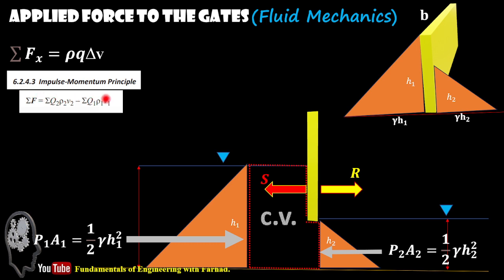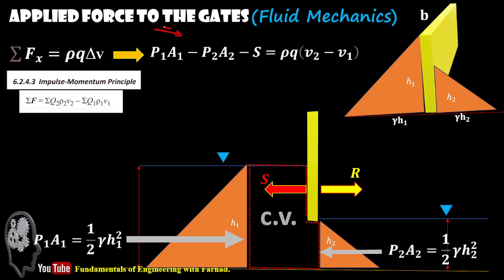That's the impulse momentum principle, like summation of forces is equal to rho Q delta V, because rho remains the same in your fluid. And then if you expand it, it just says summation of forces. We already know our forces is P1A1 for our control volume minus P2A2. This is our positive direction. So positive X direction is our positive. So this is F2.